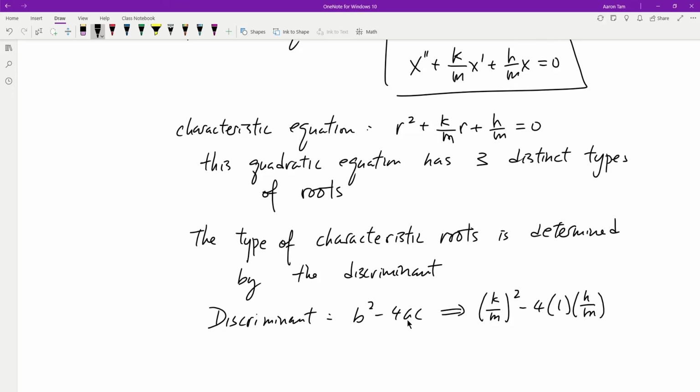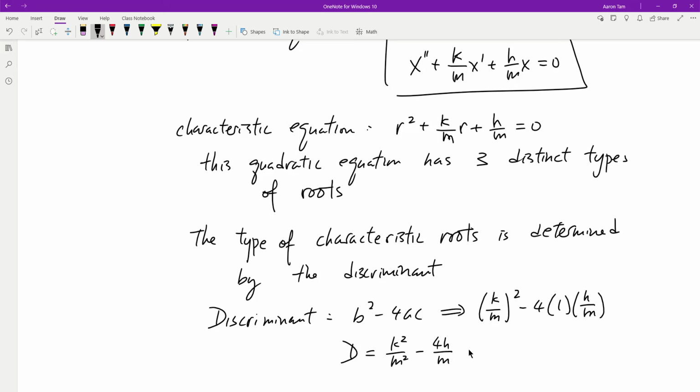I'm going to call the discriminant d, which is k squared over m squared minus 4h over m.